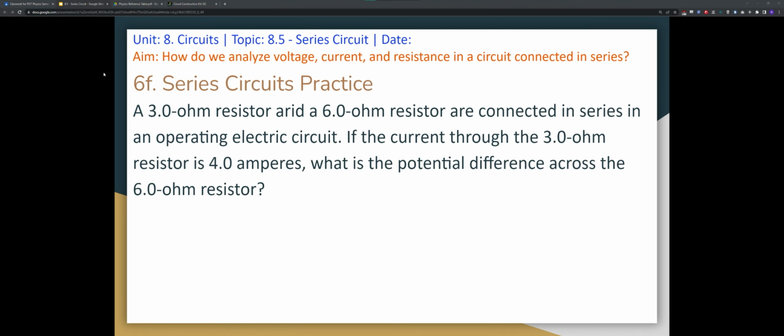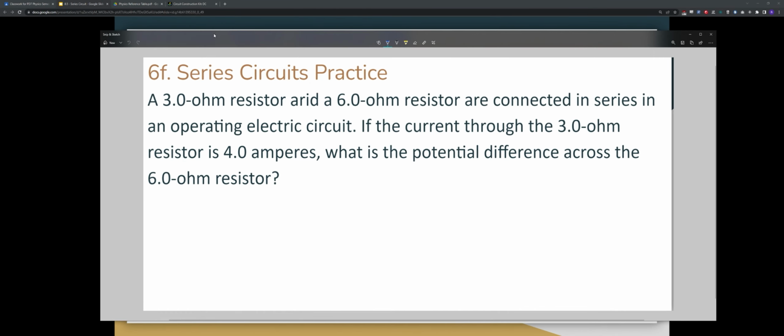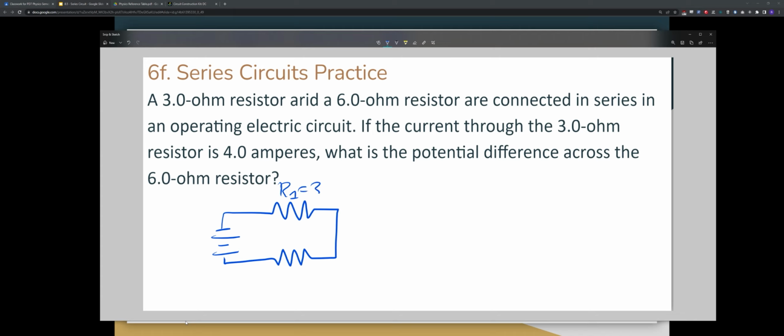So we have this problem right here. We have a 3 ohm resistor and a 6 ohm resistor connected in series. Let me draw that for you. So you have a 3 ohm resistor and a 6 ohm resistor. So R1 is equal to 3.0 ohms.